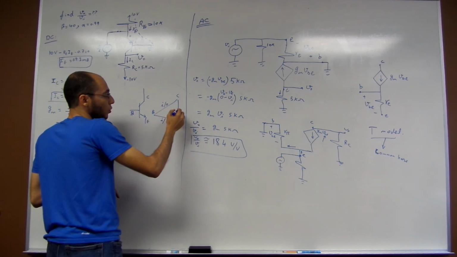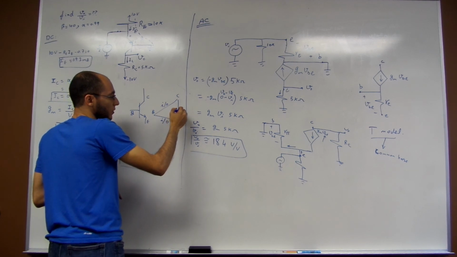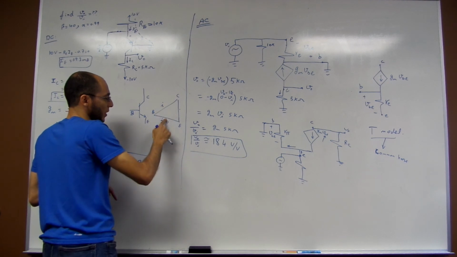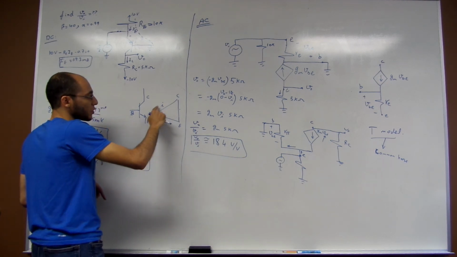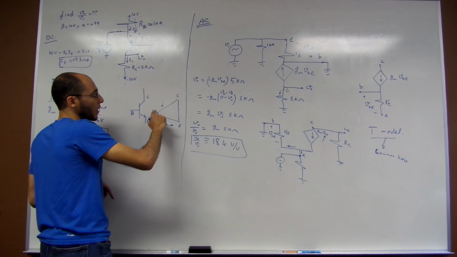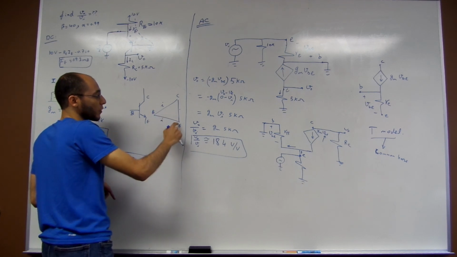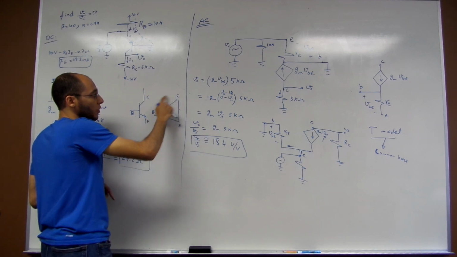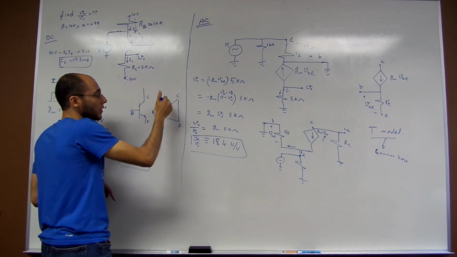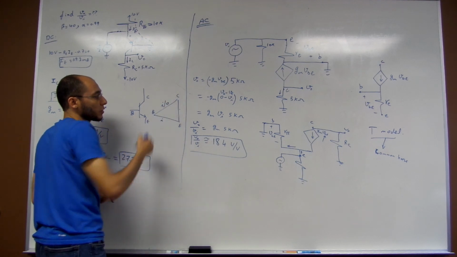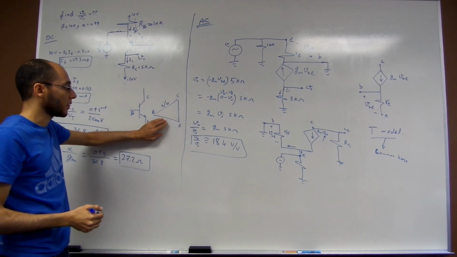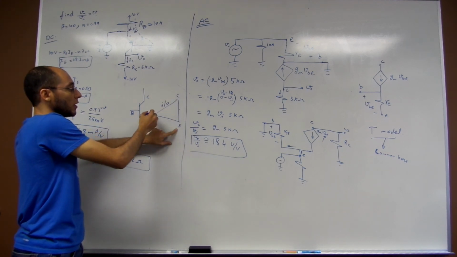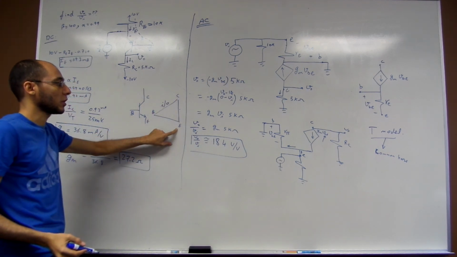Which means that this could be either input or output. Let me step back. If you have a common emitter, and you have a collector and a base, one of them is the input and one is the output, then the base is always an input and the collector is always an output.